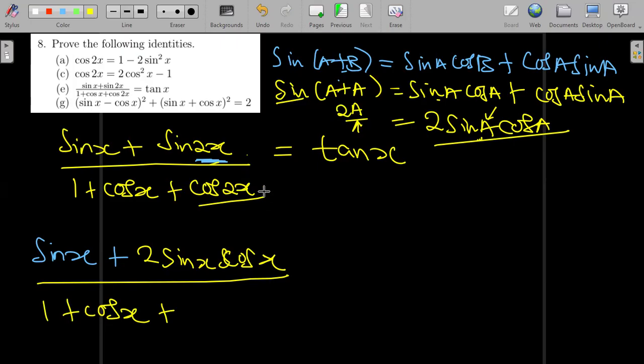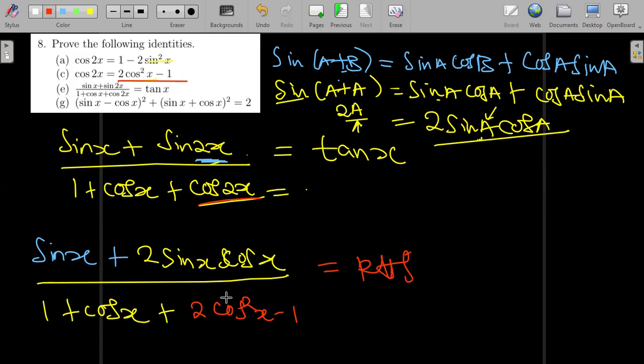This guy can be the same as this or the same as that, but here we want to express it in terms of cos because I can see cos in the denominator. So where there's cos 2x here, I'm going to write 2 cos squared x minus 1.